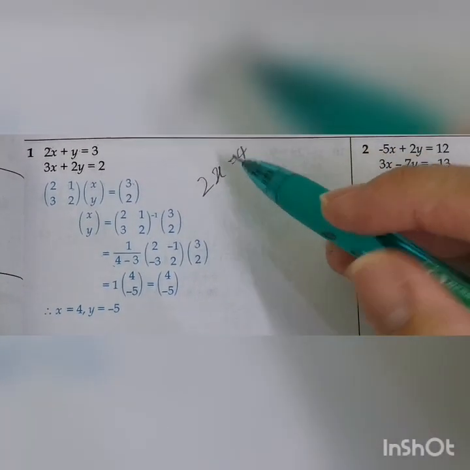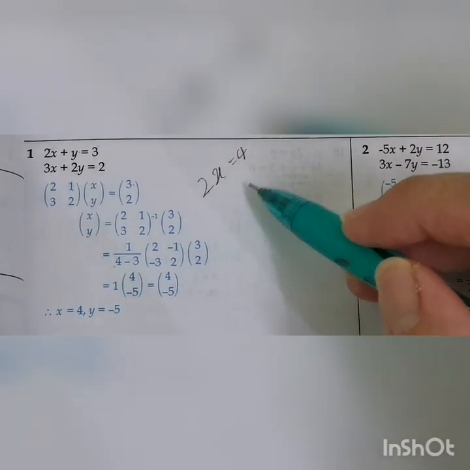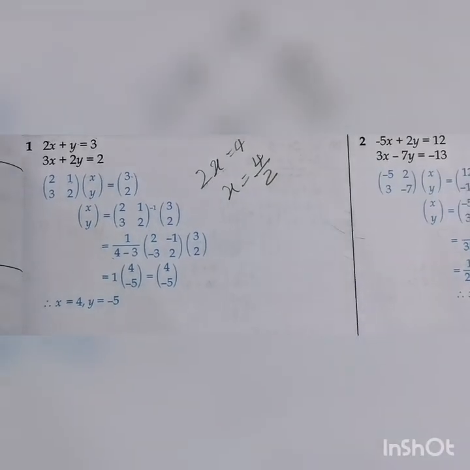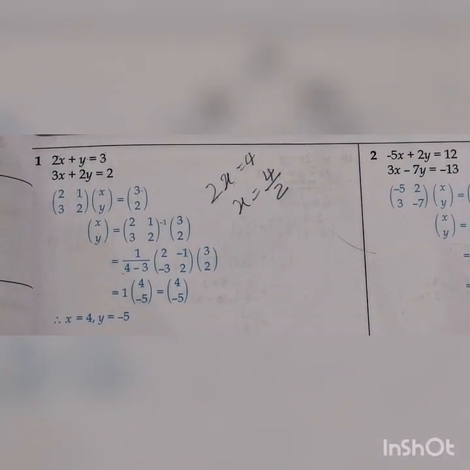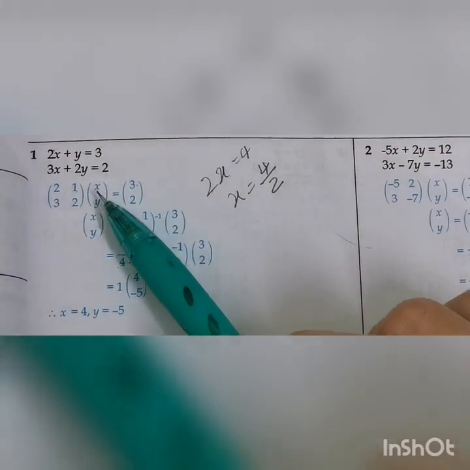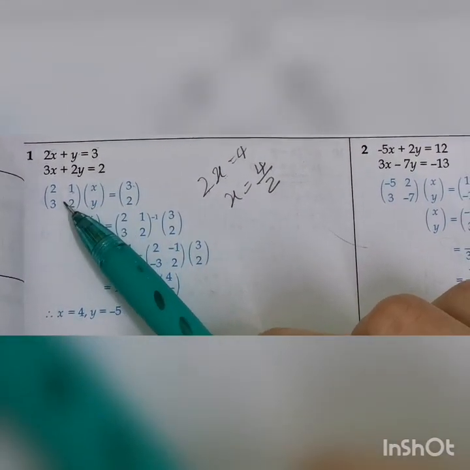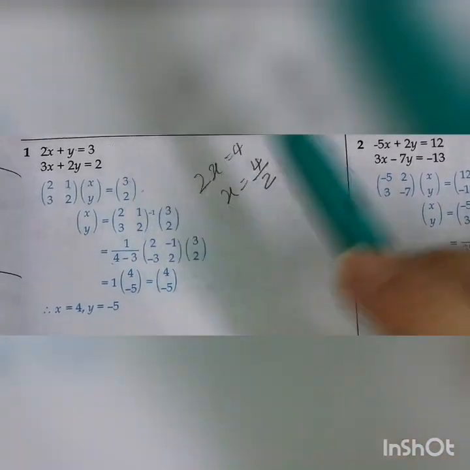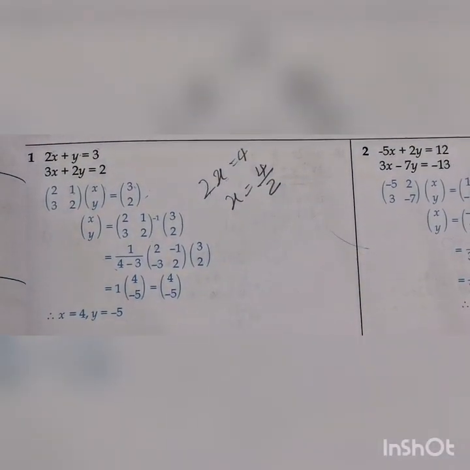If we want to find the x, the 2 you need to move to the right hand side, right? So it becomes divide. In this chapter matrix, same also, if we want to find the x y, the unknown, this matrix we need to move to the right hand side. When you move to the right hand side, we call it inverse matrix.